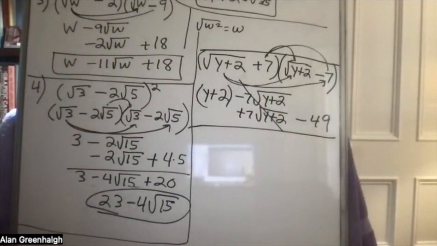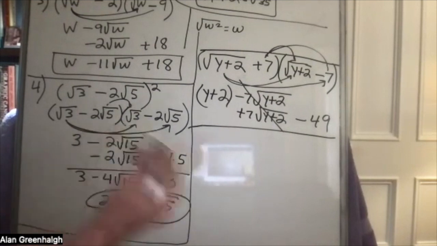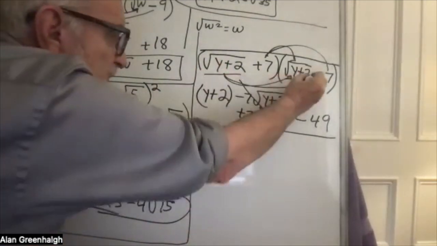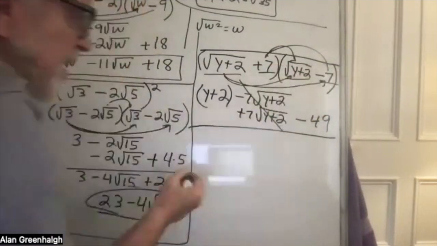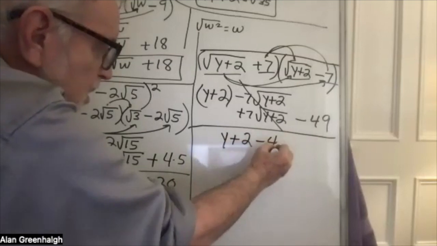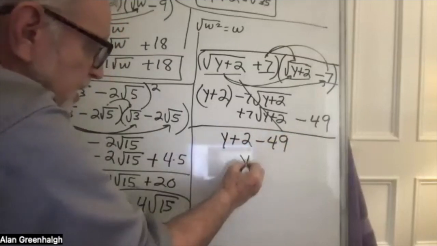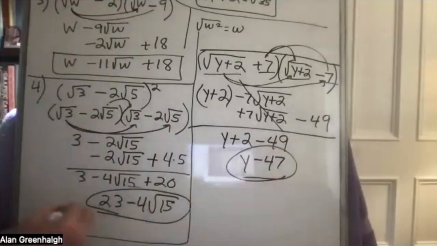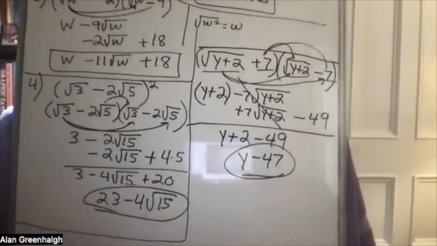If you know that they're conjugates, you don't even have to bother. You could just multiply this by this and this by that. And this will be y plus 2 minus 49, which becomes y minus 47. And that's the answer to the question. Did anybody get that? Yeah.